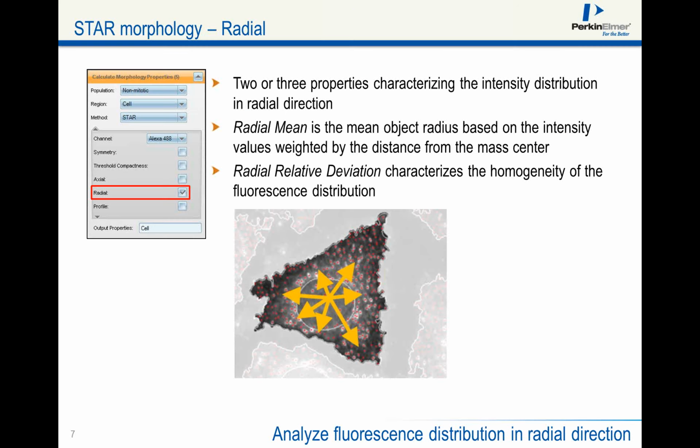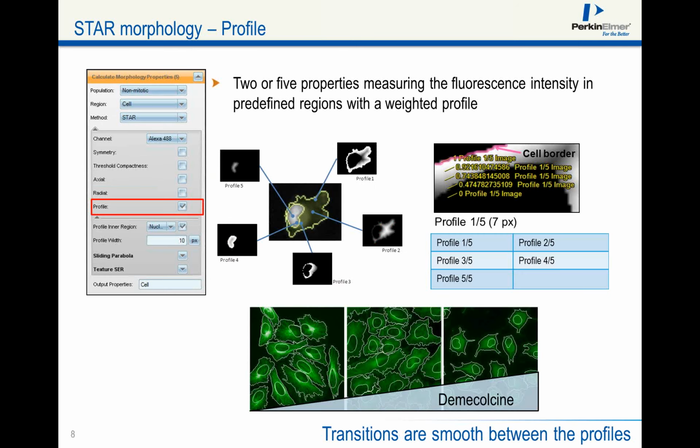One is radial, and radial will characterize the intensity distribution in the radial direction, so analyzing the fluorescence distribution in the radial direction. Again, this is independent of absolute raw intensity. We're looking at the radial distribution of intensity. So this is one of the key features that Dr. Pegoraro will show today.